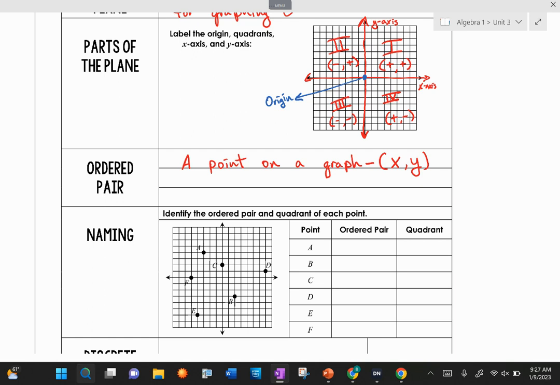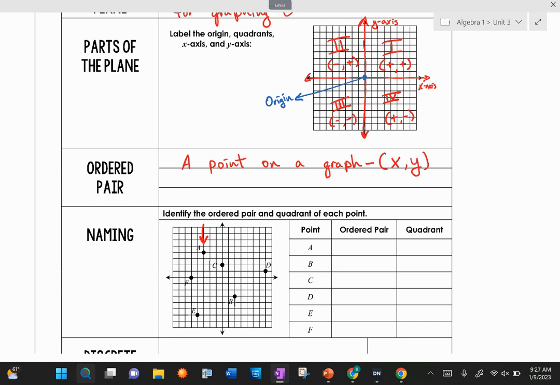Point A, first, I guess the first question that I need to make sure that we're comfortable with is when you are locating these points and giving them a value, an ordered pair value, how are you counting them? Where's your starting point? So like if I'm going to measure A and figure out what its ordered pair is, how do I figure that out? Where do I start from?